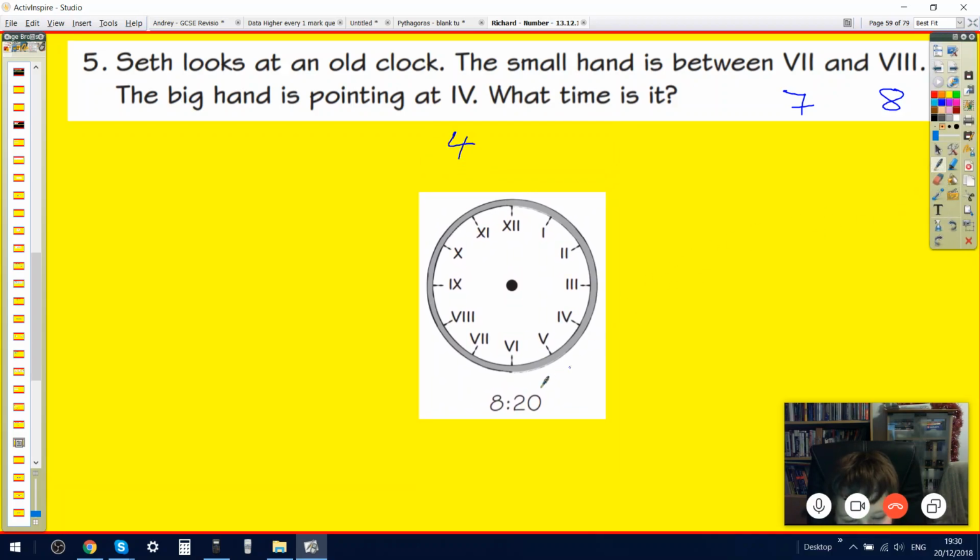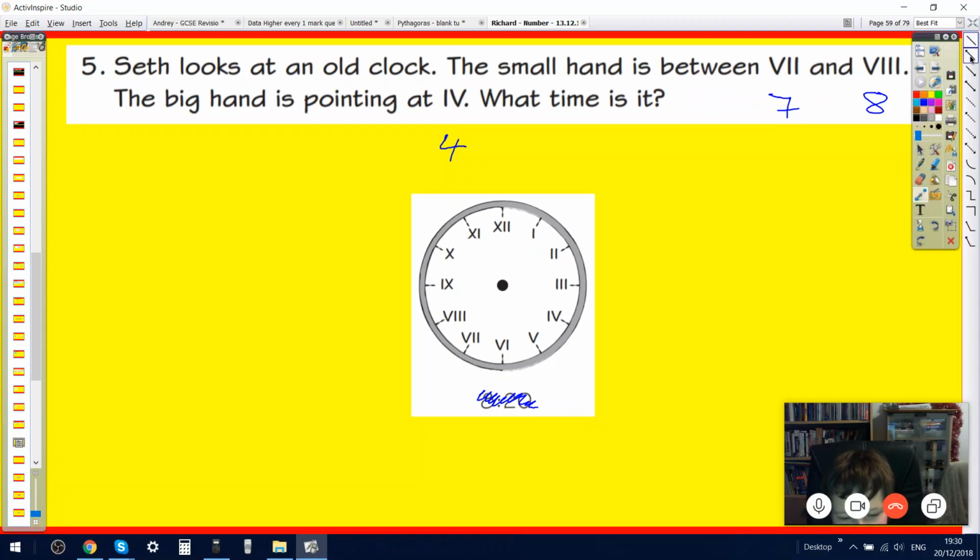Okay. So the small hand is pointing halfway between 7 and 8? Yeah. Oh, yeah, of course. So it would be halfway between 7 and 8, and not pointing at 6. Okay. And so the big hand is pointing at IV, which means 4.